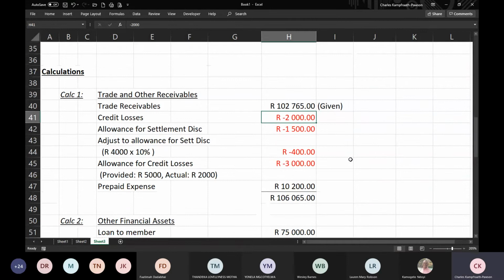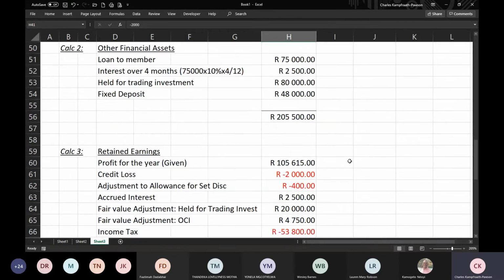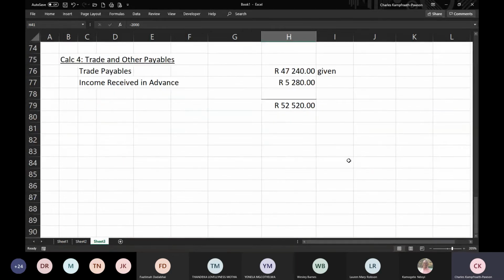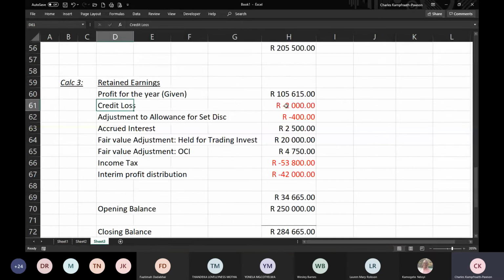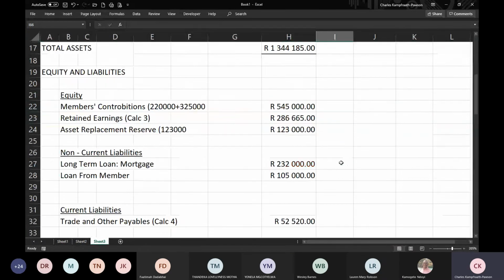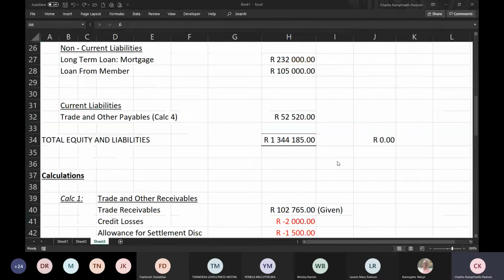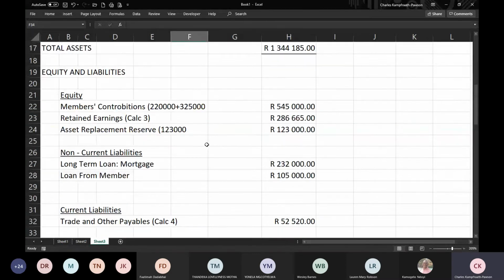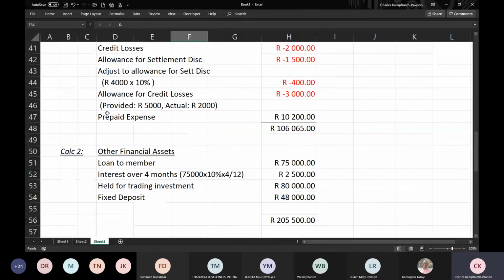Credit loss. Oh yeah, obviously. Guys, I made a mistake. The credit loss shouldn't be in here for the same reason I explained to you earlier. Remember the allowance. We already provided for 5,000.